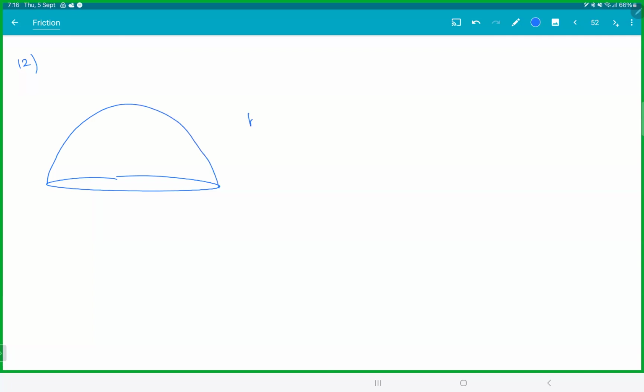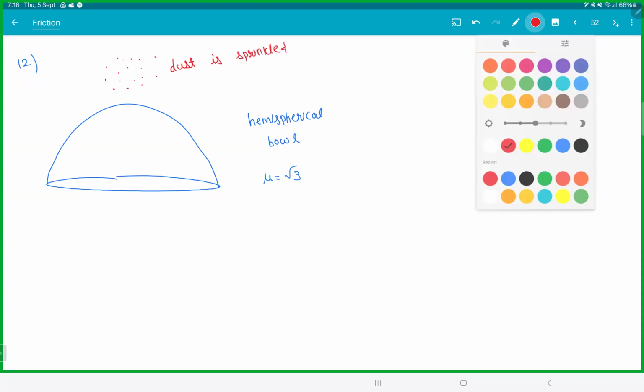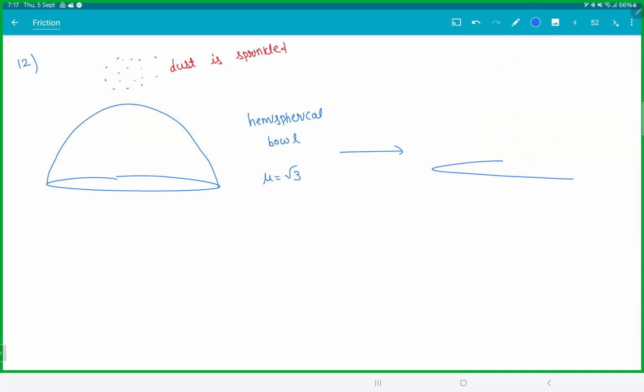We have a hemispherical bowl. Friction mu is equal to root 3. Someone sprinkled dust, and we observe that after the dust is sprinkled, only this part is covered with dust.